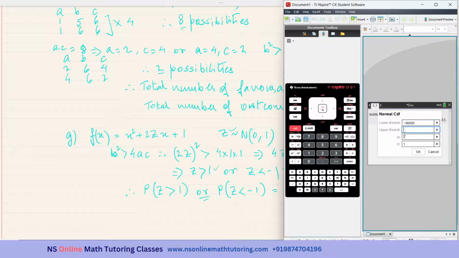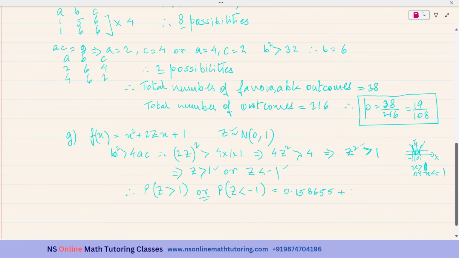So the upper bound is -1. It is 0.158655. As I had said, this is a symmetrical curve, so you will be having the same values. So it will be 0.158655.